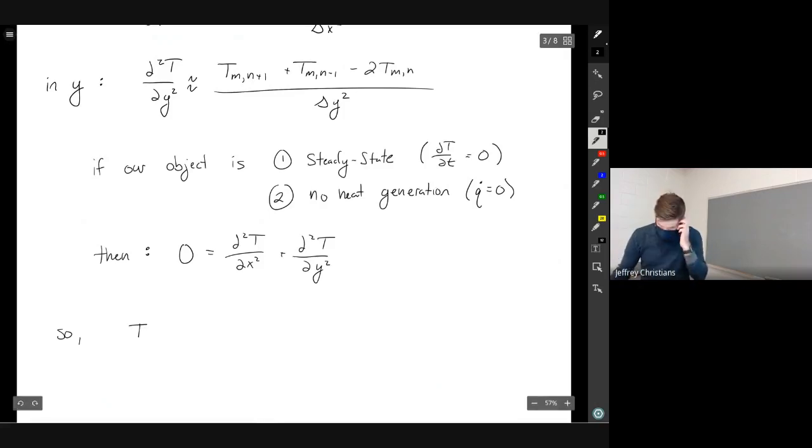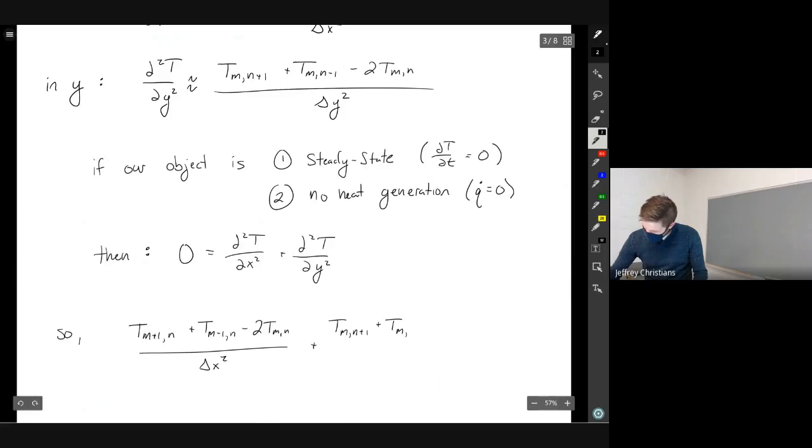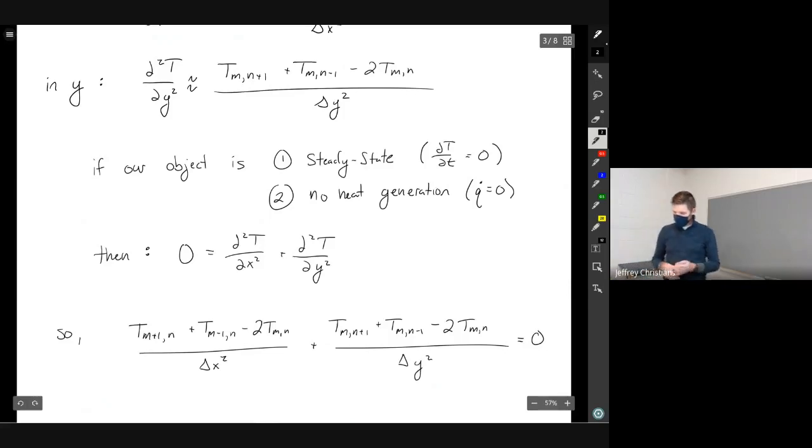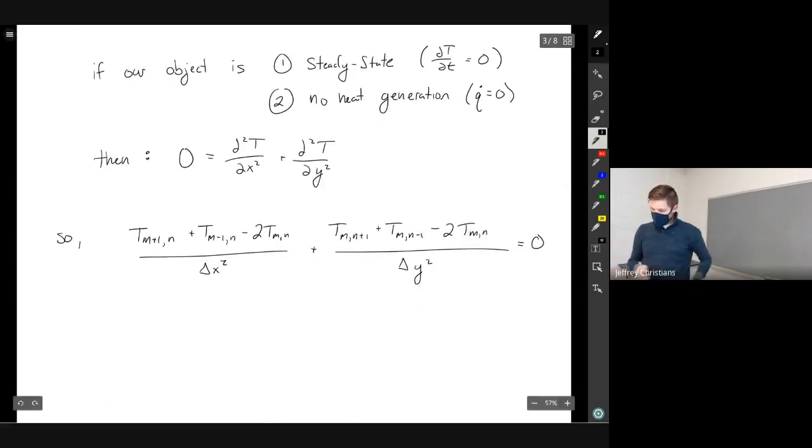This would be T(m+1, n) plus T(m-1, n) minus 2T(m, n) all over delta x squared, plus T(m, n+1) plus T(m, n-1) minus 2T(m, n) all over delta y squared, equals 0. Okay, so lots of subscripts.